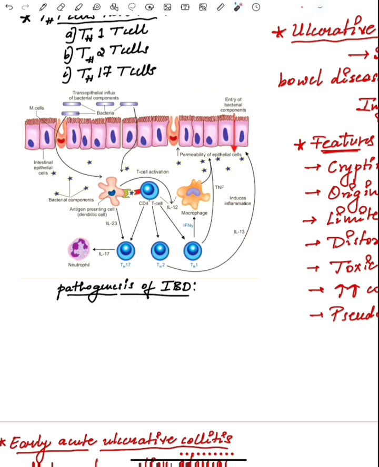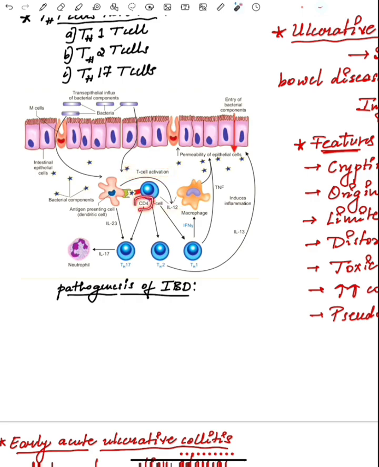Coming to the pathogenesis of IBD, here we can see the transepithelial influx of bacterial components through the intestinal epithelial cells occurs. These bacterial components are presented to the dendritic cell, that is the antigen presenting cell, where the complex is formed. This complex leads to T cell activation, which releases IL-12.